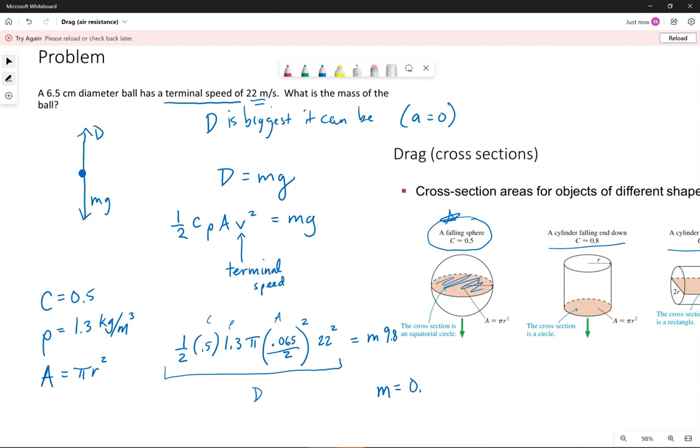I'm calculating 0.053. This would be in kilograms. We could definitely say it's 53 grams if we wanted to. There we go, the mass of this ball.